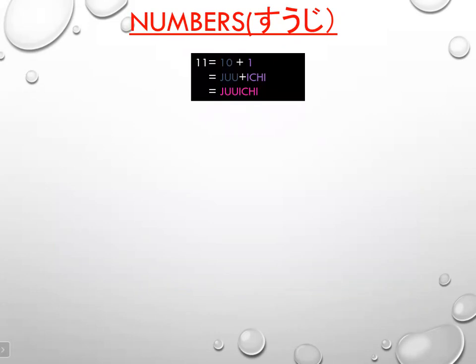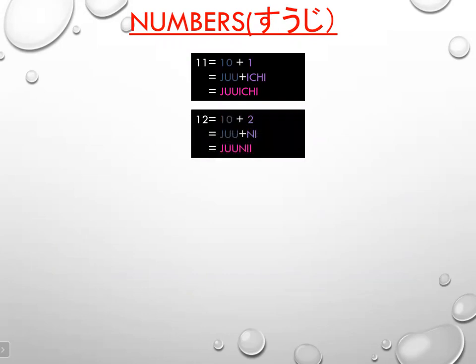By this formula, we will do other numbers. 12 को हम बोलेंगे 10 plus 2. 2 in Japanese is ni and 10 is ju.